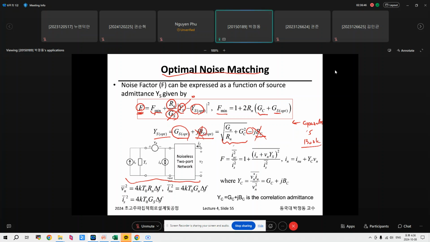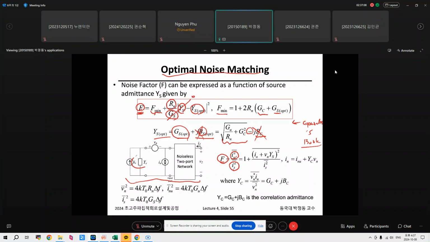The noise factor F is ISC divided by IS, where IS is the source current. This is the combined input-level current, which is IN plus VN times YS.